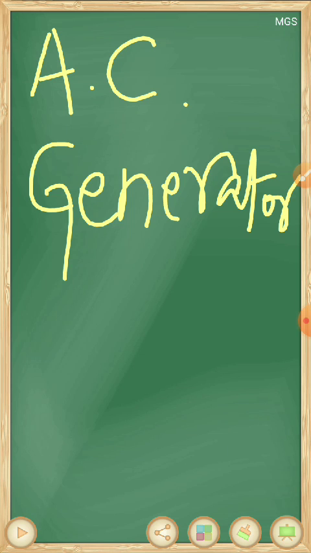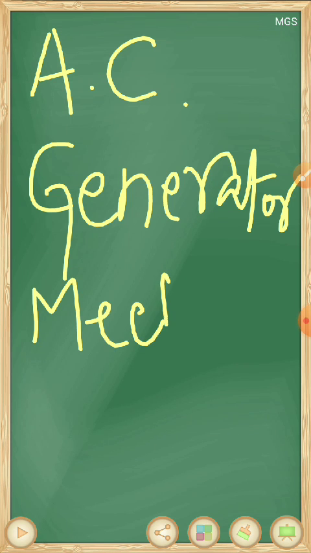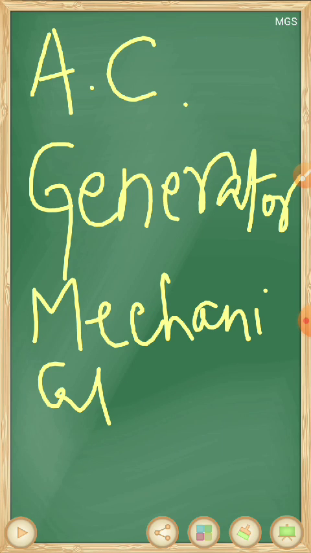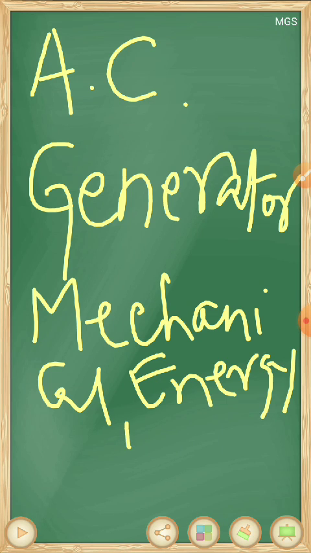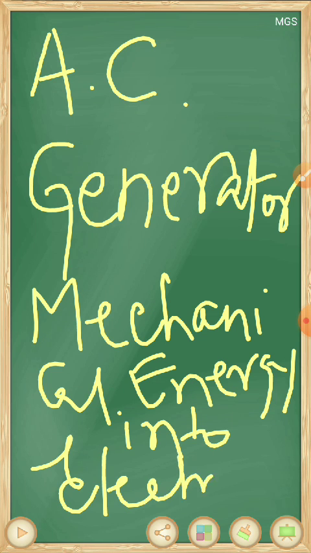What it does is convert mechanical energy into electrical energy. So an AC generator is a device which converts mechanical energy into electrical energy.